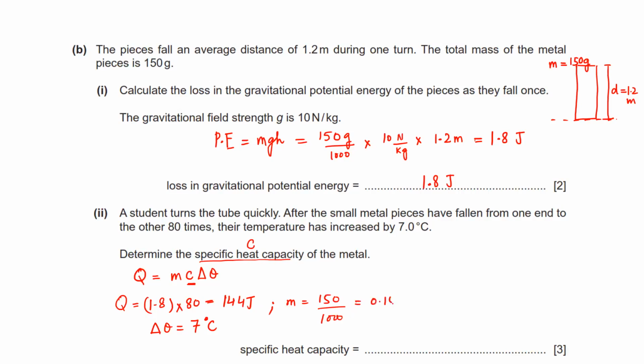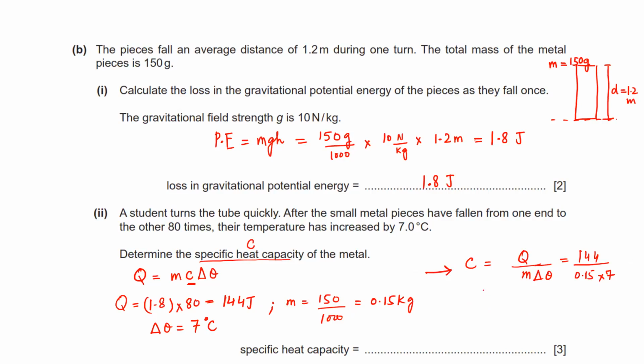This is equal to 0.15 kg. The specific heat capacity, the value of c will be given as Q over m delta theta, and this is equal to 144 divided by 0.15 multiplied by 7.